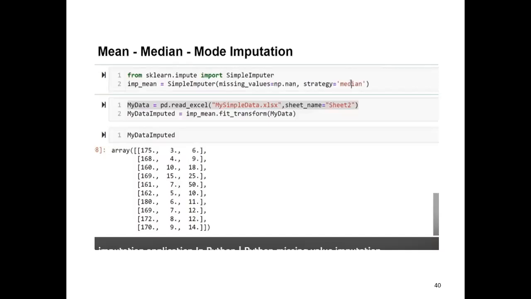So what to do with the missing values? Suppose in my dataset, 30% of the rows have some fields with missing values, maybe filled with zeros or empty.